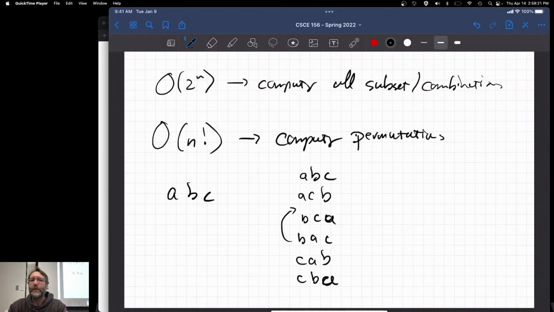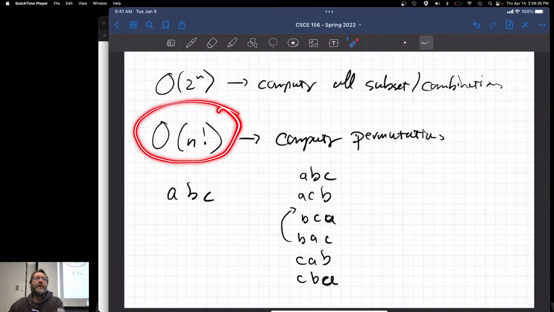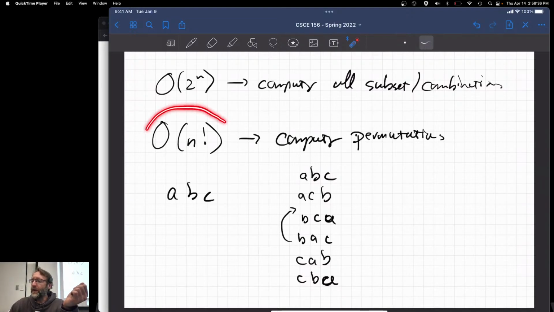There we go. So, is it, for example, feasible to figure out how many pairs of poker hands you have by looking at all possible shuffles of a 52 card deck? 52 factorial. Yeah, that's way too big.